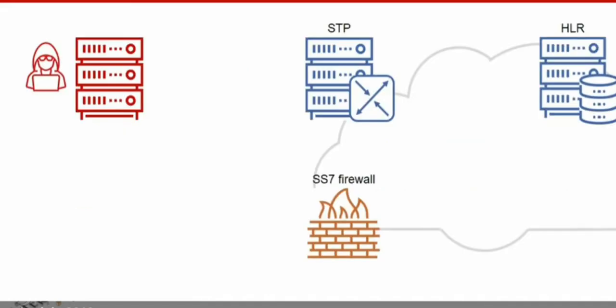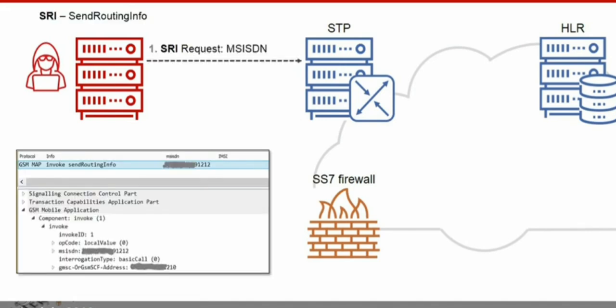And now, our intruder sends a send routing info message to the network. The STP routes this message to the SS7 firewall. The SS7 firewall detects that the message comes from somewhere abroad and just blocks it. That works well.